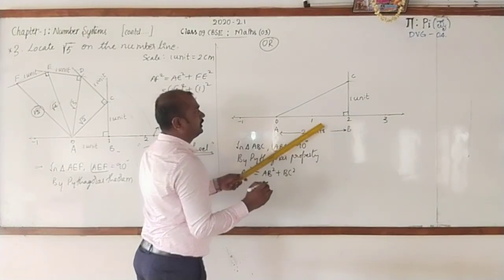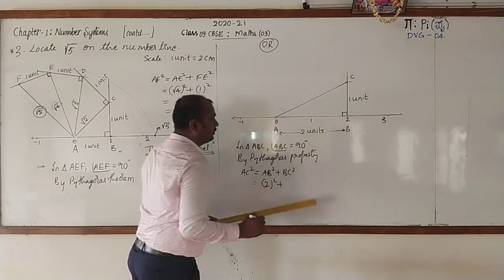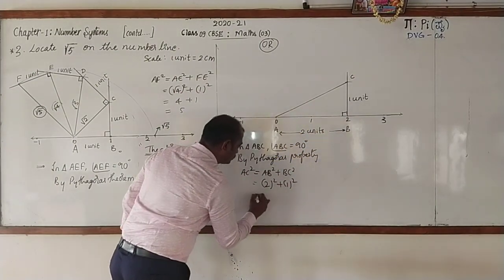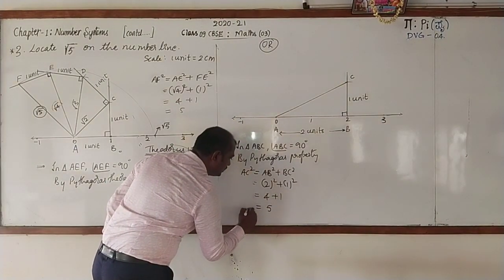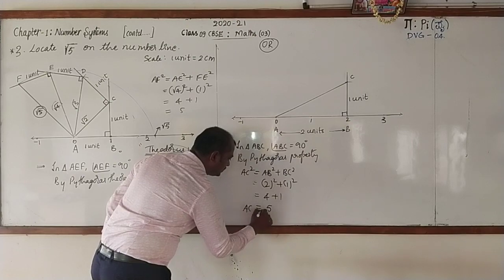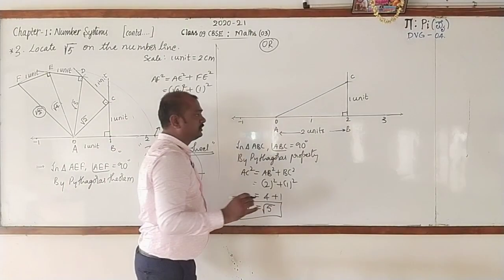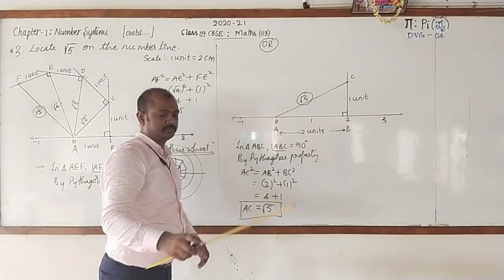What is AB? AB is 2 units. BC is 1 unit. So 2 square is 4, 1 square is 1, 4 plus 1 is 5, AC square equal to 5, hence AC equal to root 5. Got it? So I'll go for writing root 5 like this.